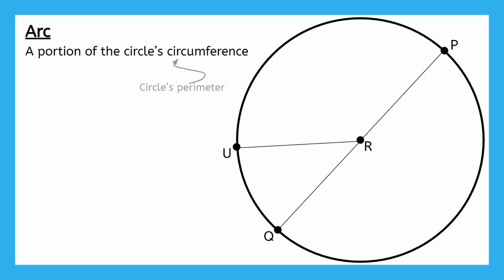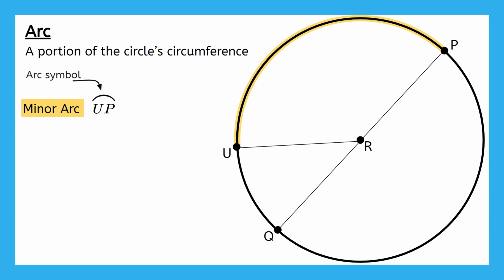There are three types of arcs, and its type is directly related to how far around the circle the arc reaches. Minor arcs go less than halfway around the circle, and they're named by their two endpoints. Here is arc UP. Since it goes less than halfway around the circle, it is a minor arc.